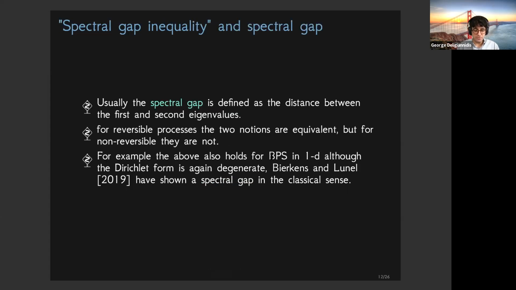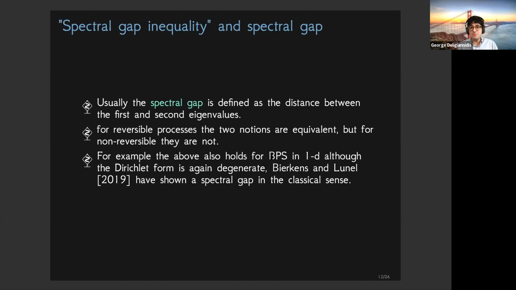Again, a word of caution: usually spectral gap is defined as the distance between the eigenvalue at 0 for continuous time processes and the rest of the spectrum. For Markov chains, it's the distance between the eigenvalue at 1 and the rest of the spectrum. For reversible processes, the two notions are equivalent, but for non-reversible, they are not. So for example, even for BPS in one dimension, what I explained earlier is also true: the Dirichlet form is degenerate.